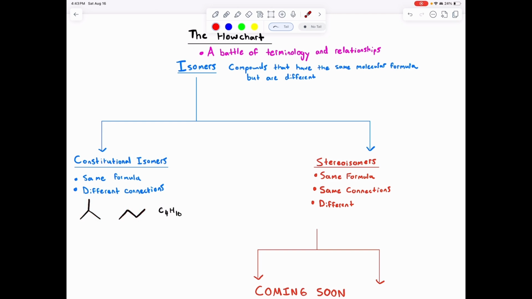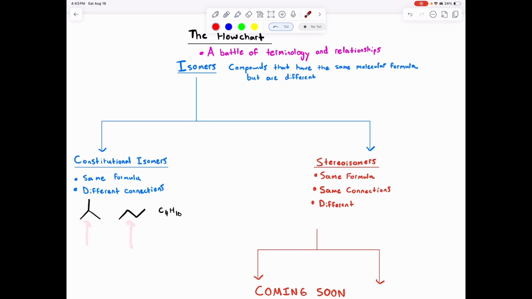Another way that you can tell that things are constitutional isomers is if you apply the nomenclature rules that you know, constitutional isomers are going to be named differently. They will never fail that test. So this would be 2-methylpropane, and this would be butane here. That's one way that you can tell, if there's an example that needs some extra attention or something seems off.